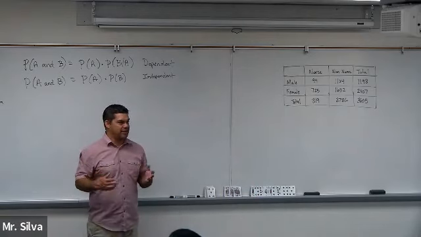Again, we divide by the total. Some people think of this line as division. Does that make sense? The line means divide by that number. So think of this as division, divide by the number of non-nurses, which is 2786.